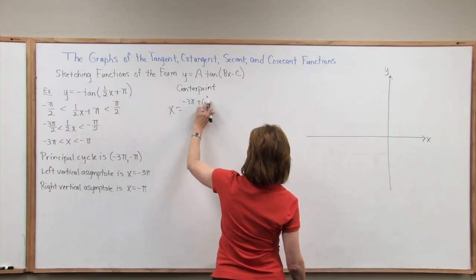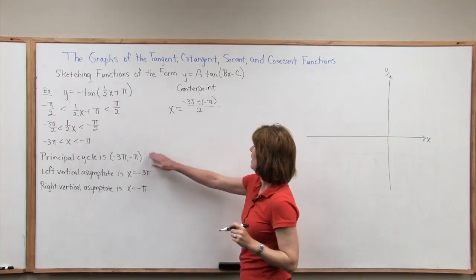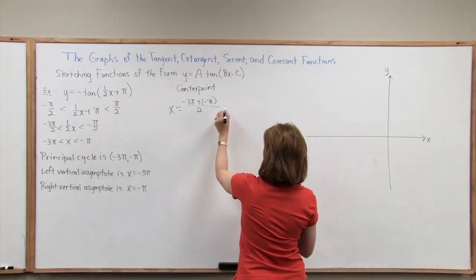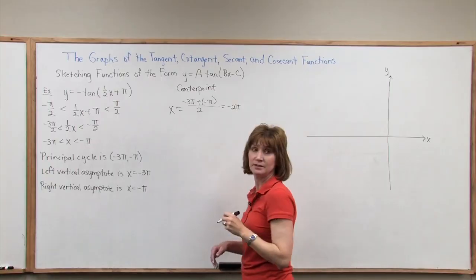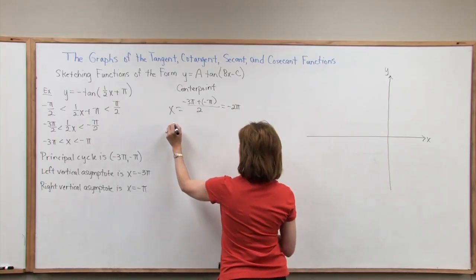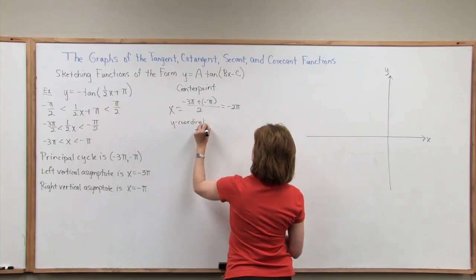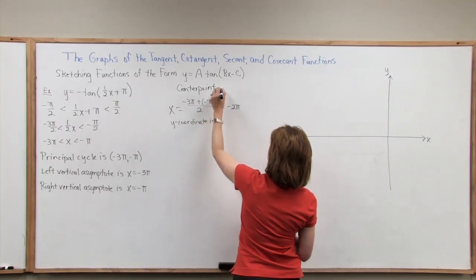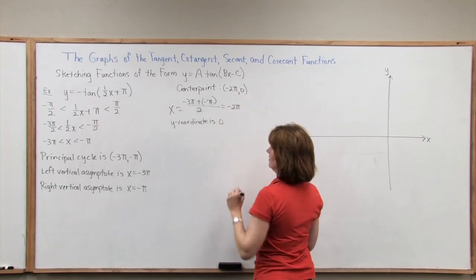So if I take negative 3 pi plus a negative pi divided by 2, that gives me negative 2 pi for the x-coordinate of the center point. And the y-coordinate of the center point is 0. So my center point is negative 2 pi, comma 0.